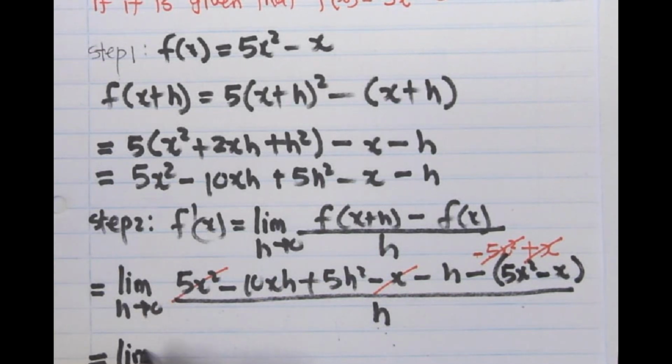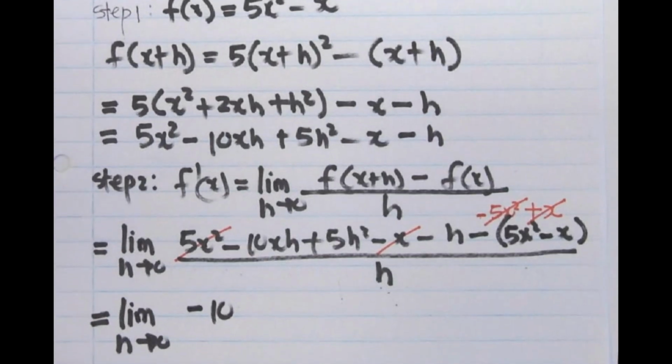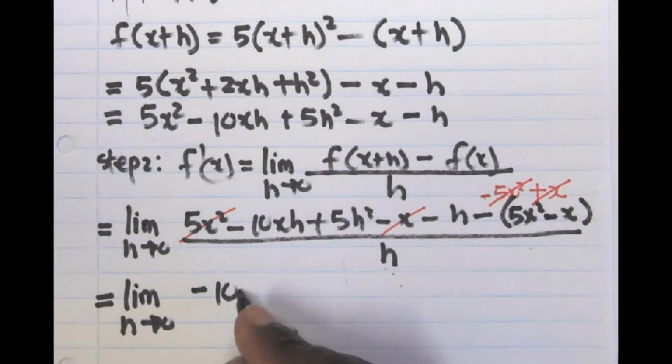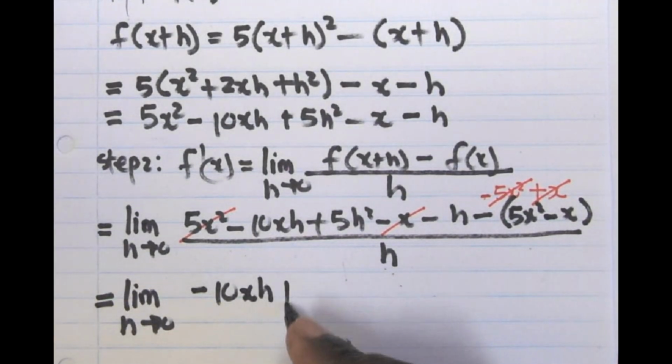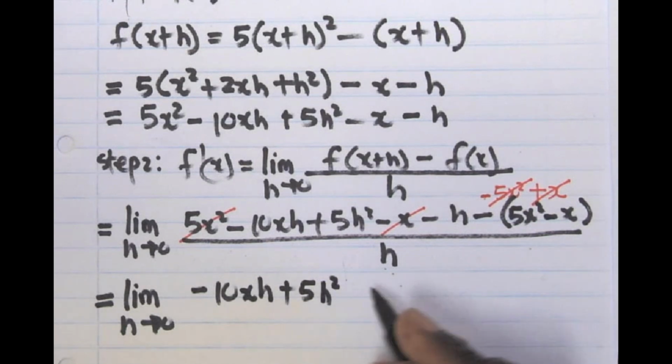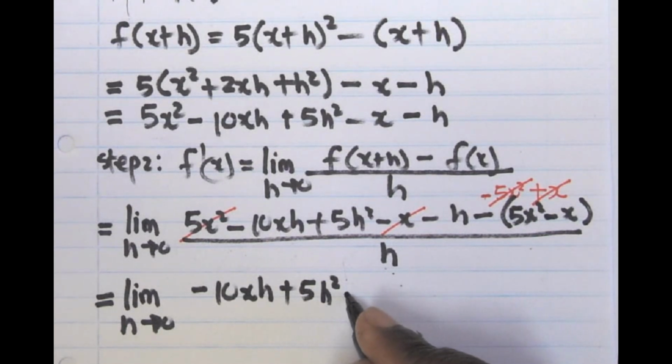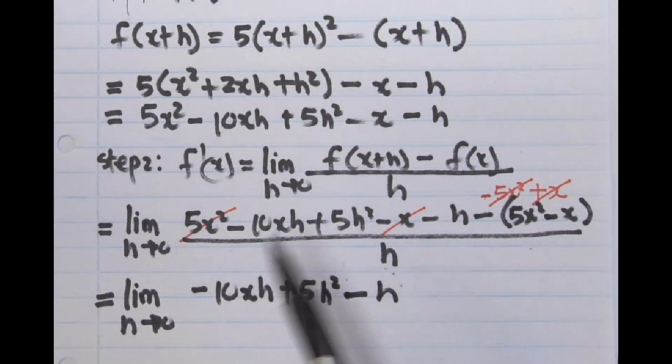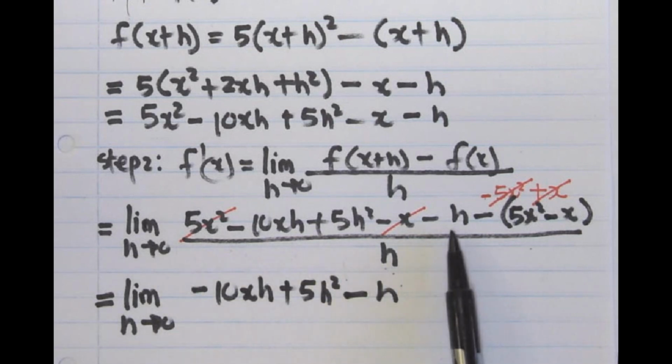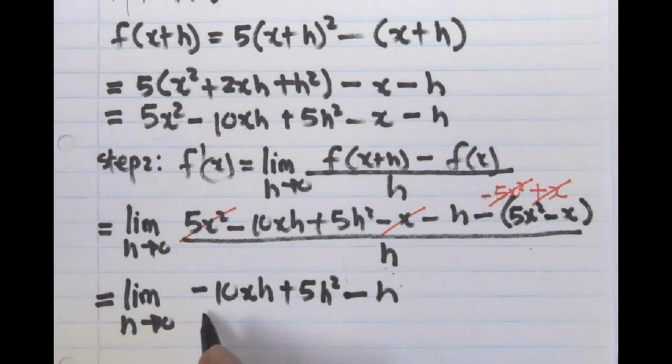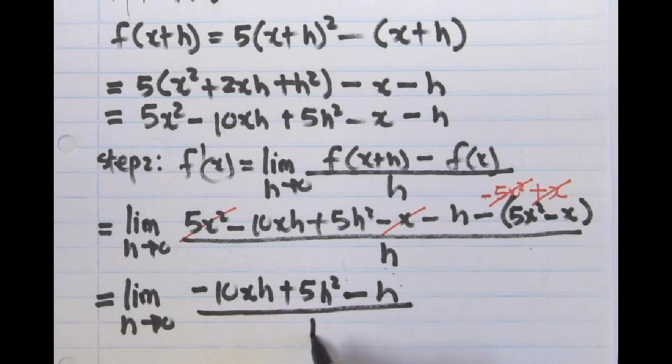But I always write my first step because I'm still in the process of simplifying. I'm left with minus 10xh plus 5h squared minus h. Let me check again. 1, 2, 3. This is what I'm left with. And then everything is over h.